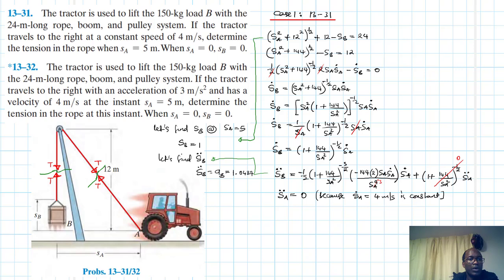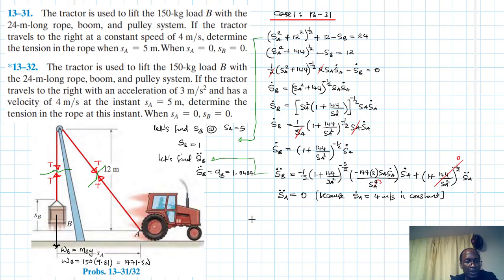Right, and then we do have some weight, like so. So let's call this WB, and this is just equal to MB times G, and therefore our WB is just going to be equal to 150 by 9.81. We have 1471.5 Newton.